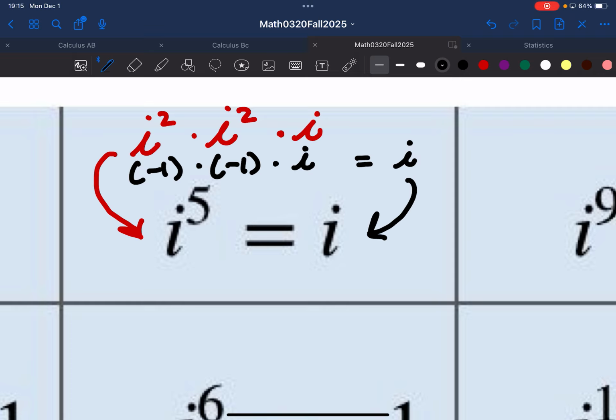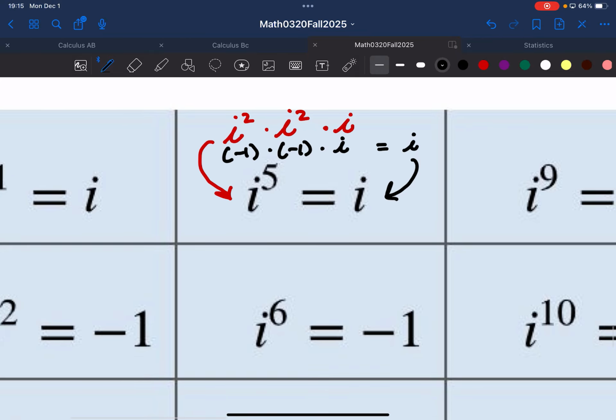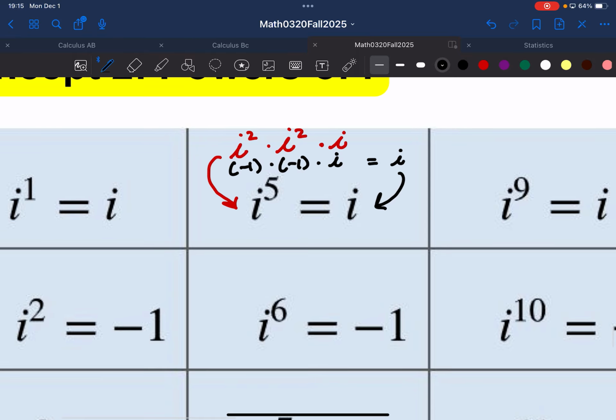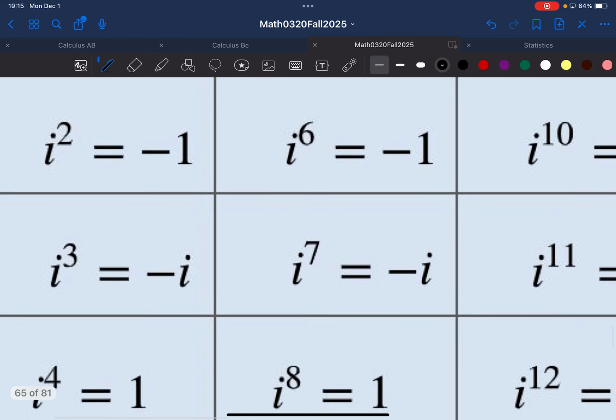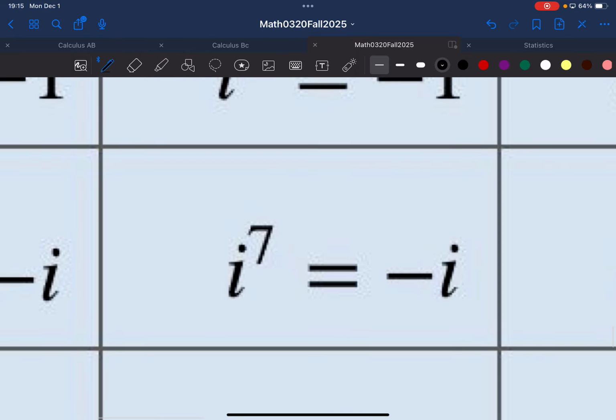Anytime you have a higher degree besides i squared, you would have to write it out to determine if your i is going to be a positive i, a negative i, a 1, or a -1. Those would be your only options. You could do the same thing with i to the 7th. This is i squared times i squared times i squared times i.